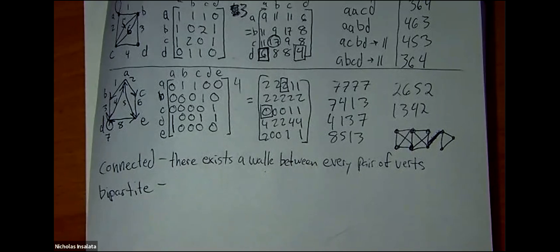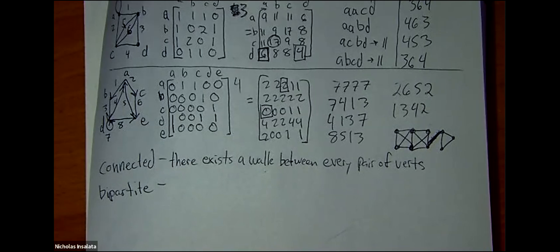So I'd say you can separate the vertices of a graph into two parts where the edges must go from one part to the other, but cannot be inside the same part, right? Which is what you said, David. I just want to give it a little bit cleaner language there.